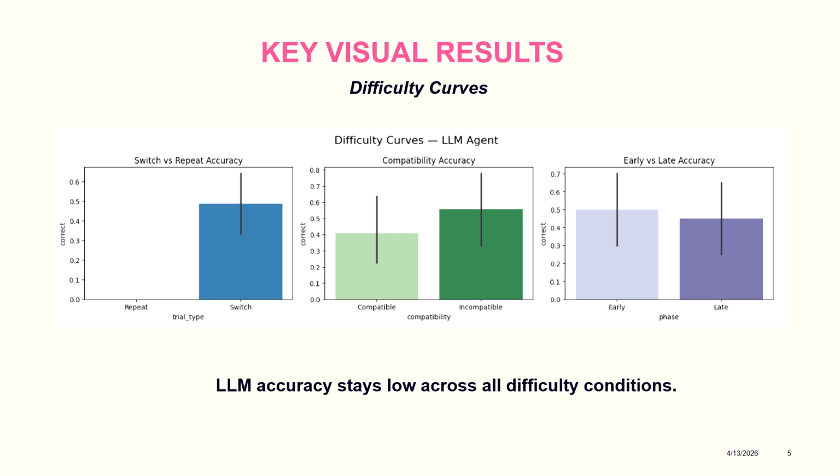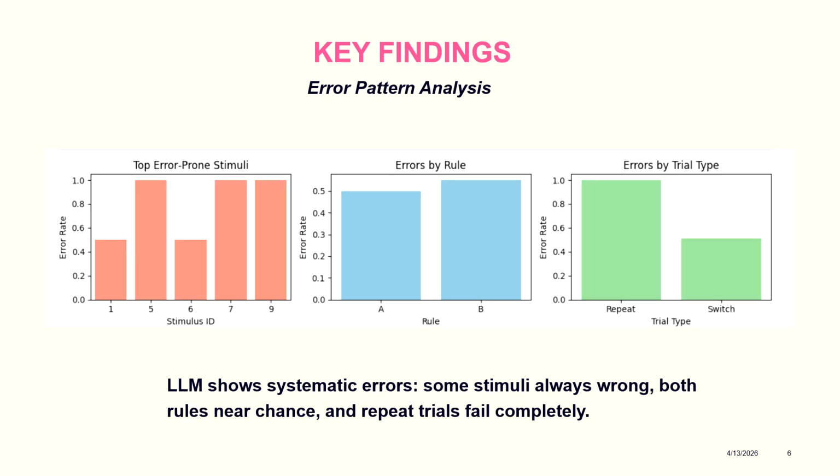So what are the key findings? When analyzing error patterns, several issues became clear. The model shows systematic errors. Three points to highlight are: some stimuli are always answered incorrectly, both rules perform near chance, and finally, even repeated trials, which should be easier, fail consistently.